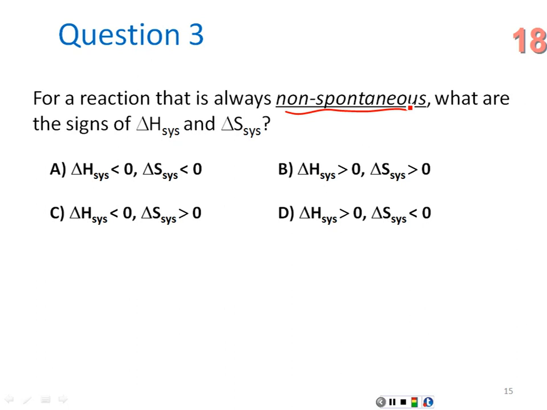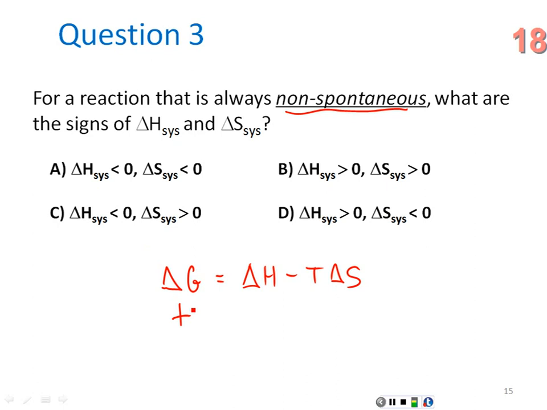Let's write our equation for delta G. Delta G equals delta H minus T delta S. So for a spontaneous process, delta G has to be negative. For a non-spontaneous, it would be positive.